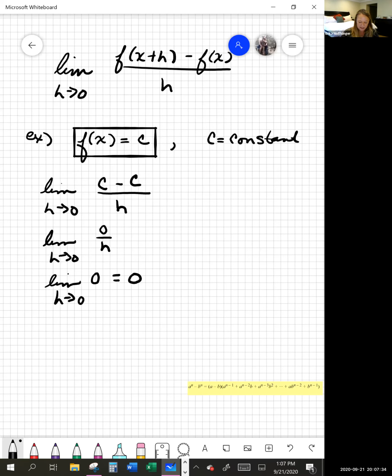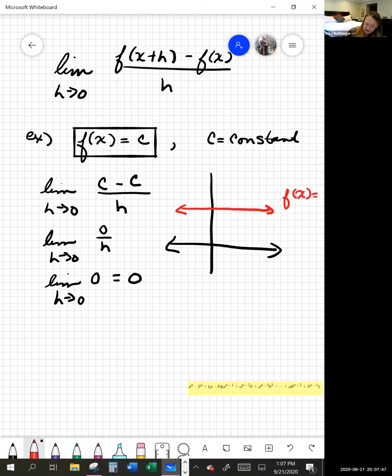Which makes sense because if you looked at the graph of a constant, y equals c, or f of x equals c, is just a horizontal line. And anywhere we chose a point on here, and we look at the average rate of change, we wouldn't rise any, we'd rise 0, go over k amount. And so our slope here is 0.